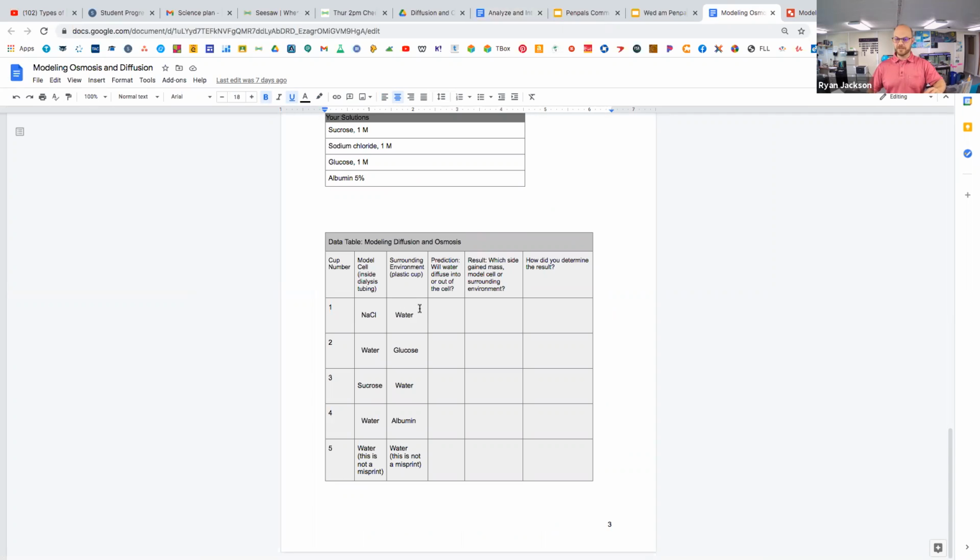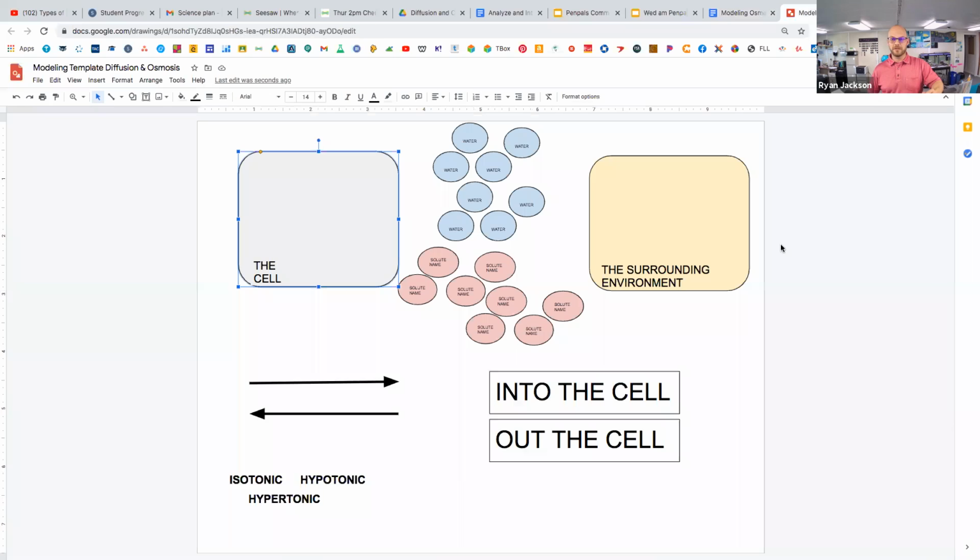Now everyone, pay attention. If you're doing something else, focus, because I want you to see what I'm doing, because you need to see how to model this, how to use this. So I've got salt inside and water on the outside. Let's go back to my model, okay? I've got salt on the inside. So here's my cell on the outside, and I've got salt water on the inside. So what I can do is rename this salt.